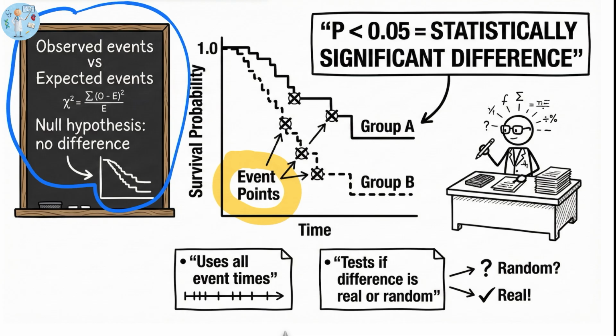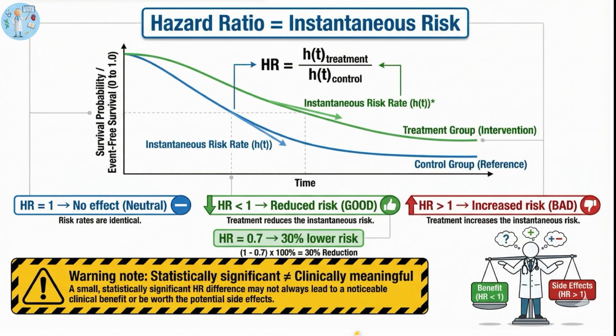Exactly. And the log-rank test crunches all that and spits out a p-value. If we want to prove the drug works, we need that p-value to be very small. And the magic number is usually less than 0.05. P less than 0.05 is the threshold we use to say the curves are significantly different. It's not just noise.